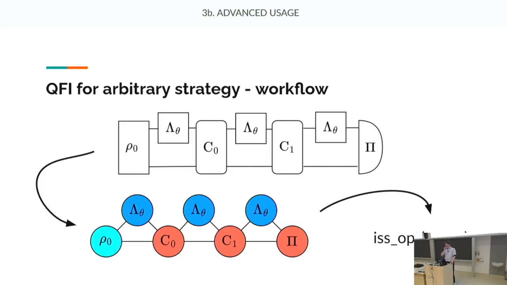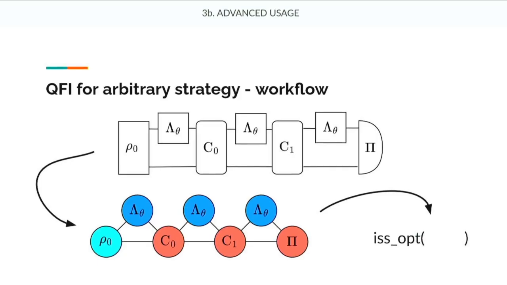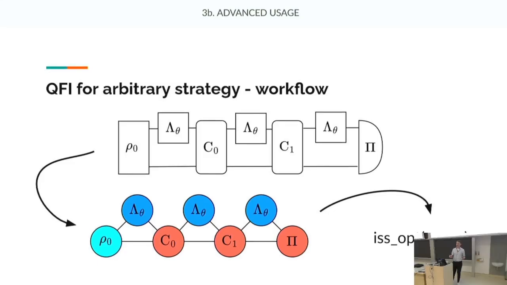So to compute QFI for an arbitrary strategy, what we need to do is to first decide on a strategy. This is something we have already done. Then we would need to build a tensor network representing this strategy.